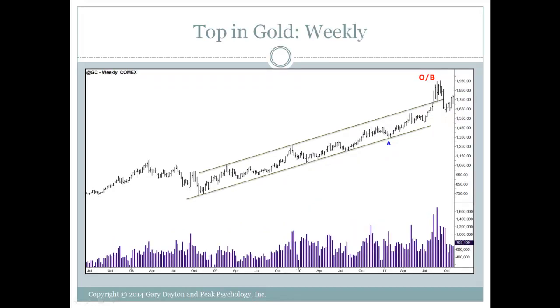Okay, let's take a look at the top in gold. This was the 2011 top in gold. Now here, it's a little more difficult to see the acceleration coming in. And so we're going to shift over to a daily chart in a moment. But note here, I just marked this point on the weekly chart with A, and then we've got the top up here, right?